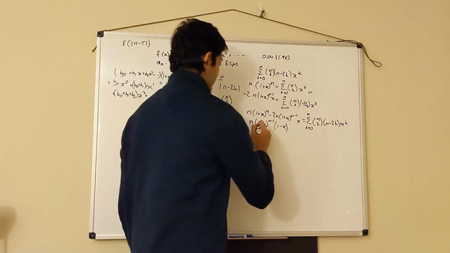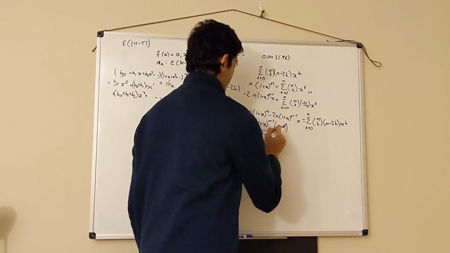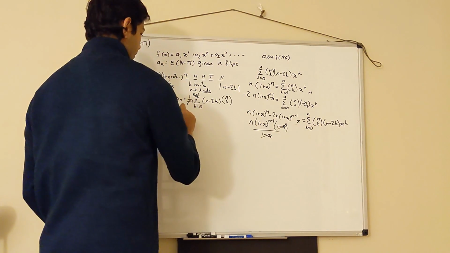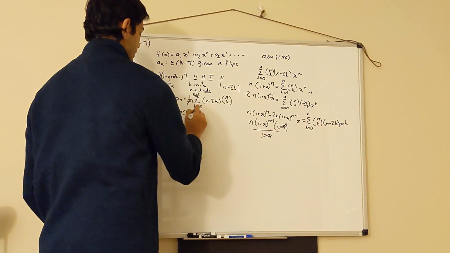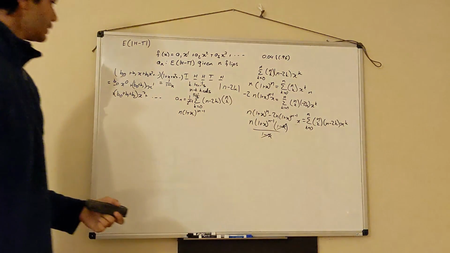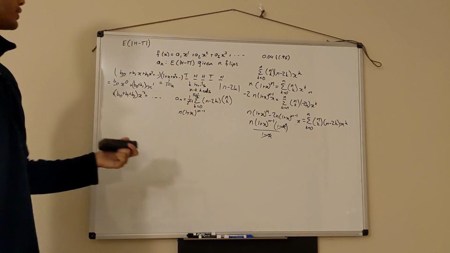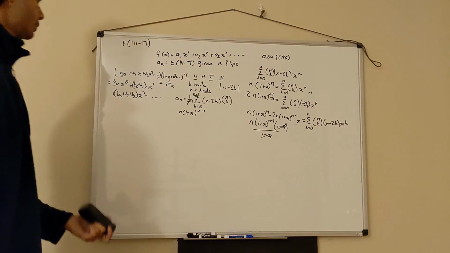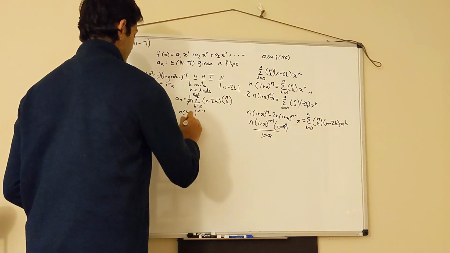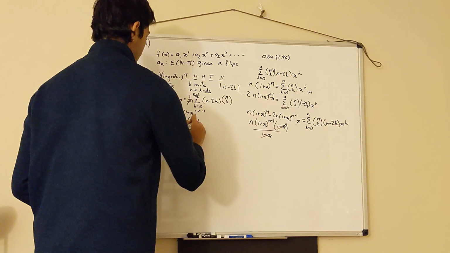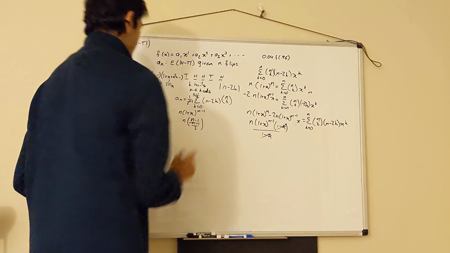Okay, so let's do that. Let's divide this through by 1 minus x, so those two will cancel. And what we're left with is n times (1 plus x) to the power of n minus 1. Now since we're looking for the coefficient of x to the n minus 1 over 2, we can just use the simple binomial theorem, and that'll tell us that this is n times n minus 1 choose n minus 1 over 2.